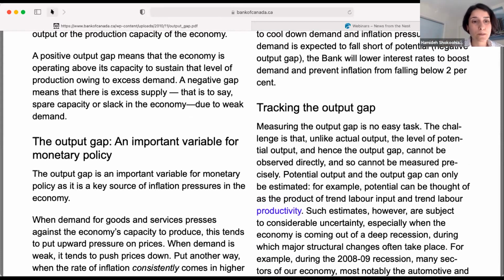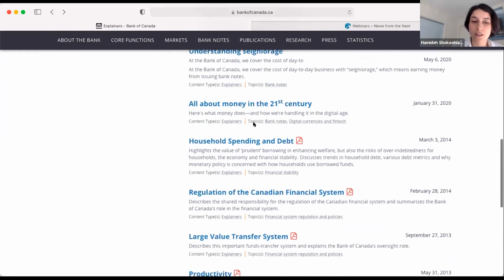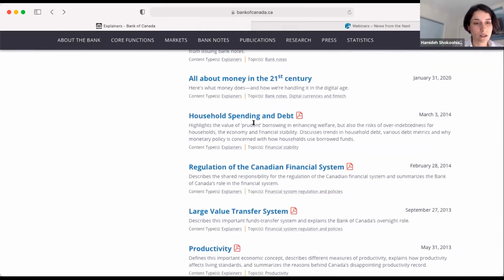Then I give them the next instruction. I remind them about the inflation targeting that the Bank of Canada has, and I tell them that, as they already knew, the central bank has a specific target for the rate of inflation.